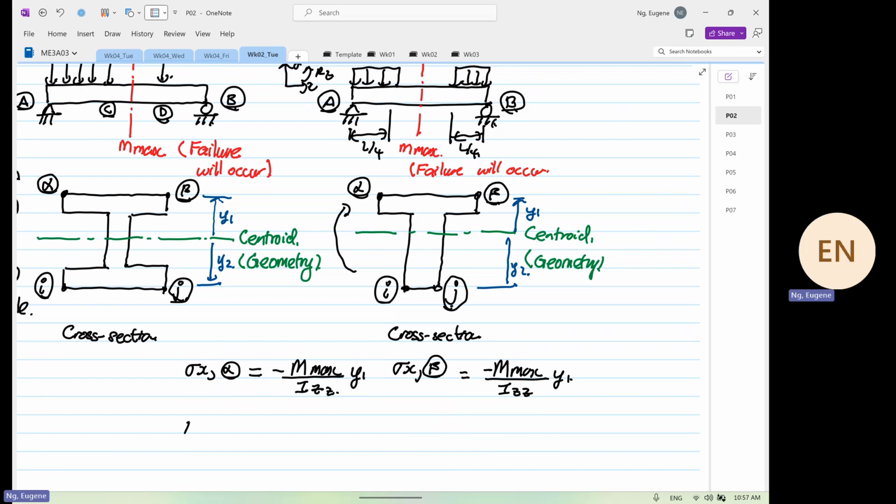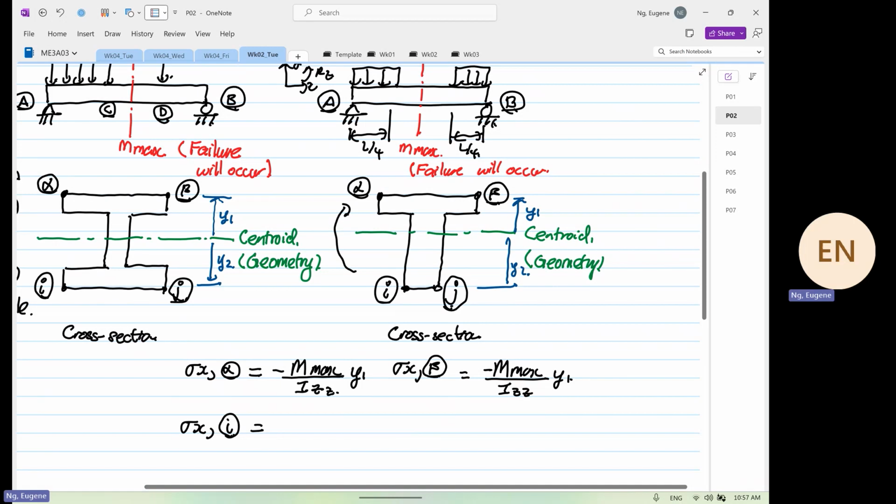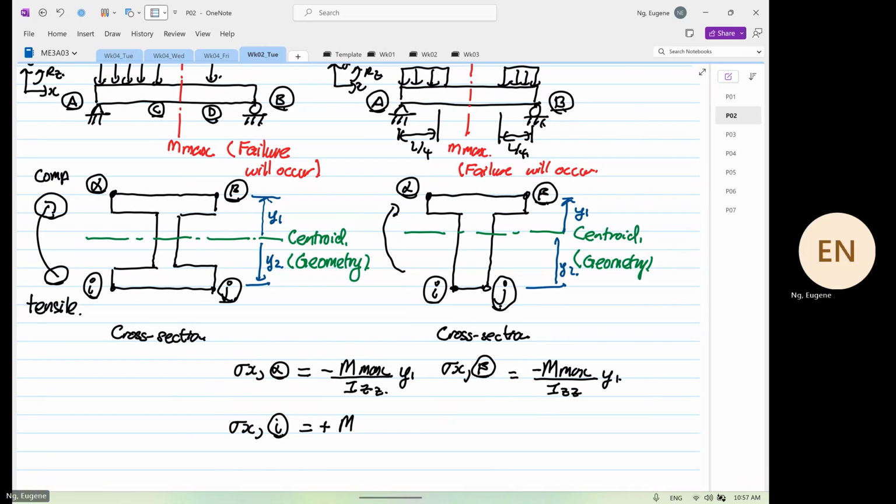Now let's write for I. So I now, is it compression or tensile? Tensile. It's in tensile. How about stress X at point J? What is it equal to? Same equation? Yes or no? Yeah, it's the same equation.